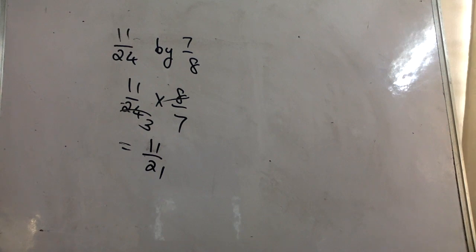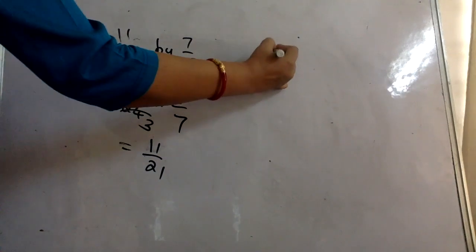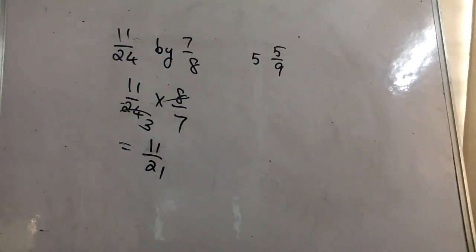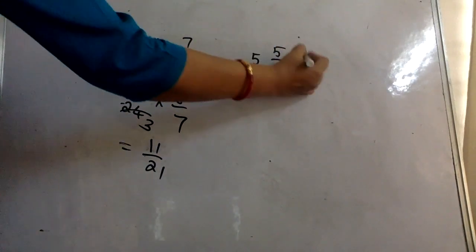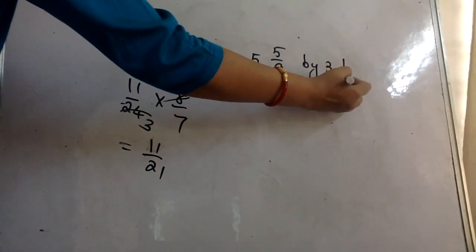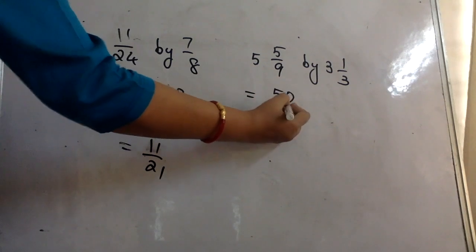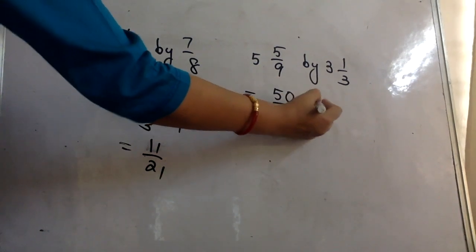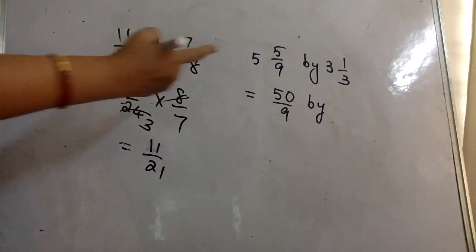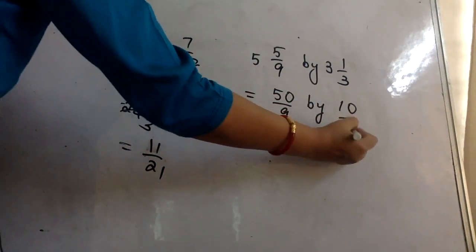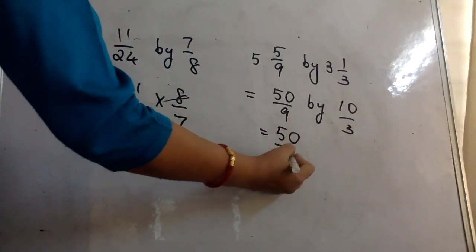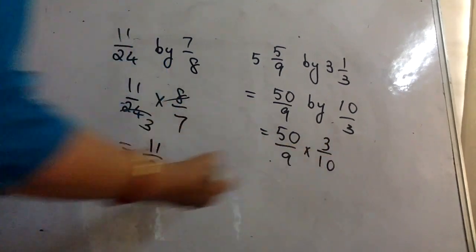Now let me take up another question where it is a mixed by a mixed. So 5 5 by 9 by 3 1 by 3. This is 45 plus 5, 50 by 9, and by, keep writing the by, and this is 10 by 3. This is 50 by 9 into 3 by 10.